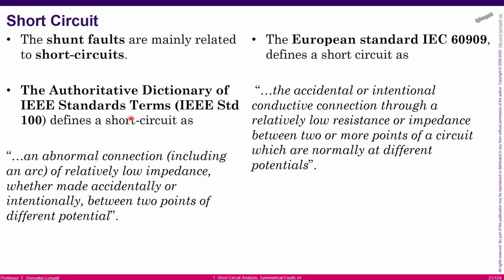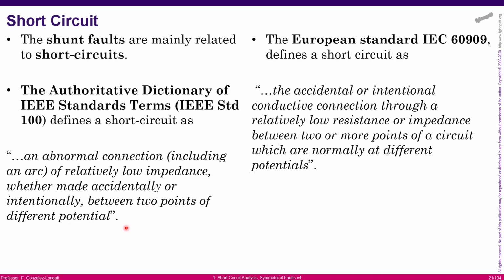And what is the definition of a short circuit? As future professional engineers working at a utility, I highly suggest that you follow standards and be very serious with your concepts. For that reason, I am using IEEE Standard 100 that defines a short circuit as an abnormal connection, including an arc, of relatively low impedance, whether made accidentally or intentionally, between two points of different potential.